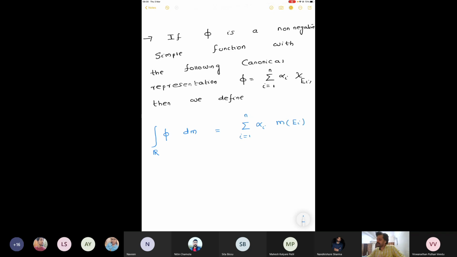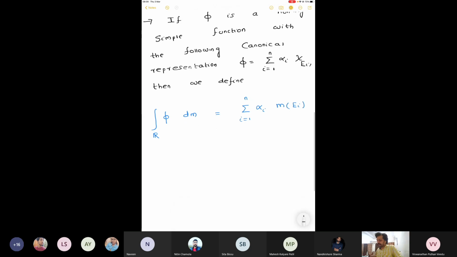So this is how we defined the integral of a non-negative simple function. And this is the ground level, level 0 or starting point. So now we know how to handle non-negative simple functions. Starting with that, we would like to integrate more general functions. That's what we are going to do today.